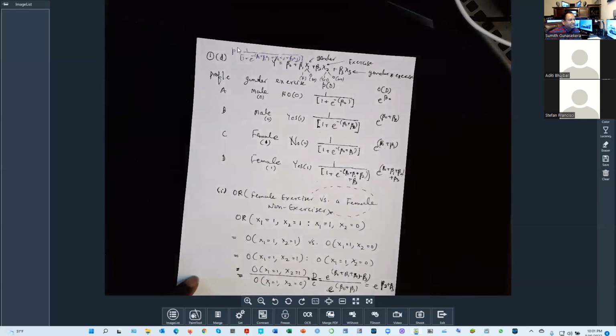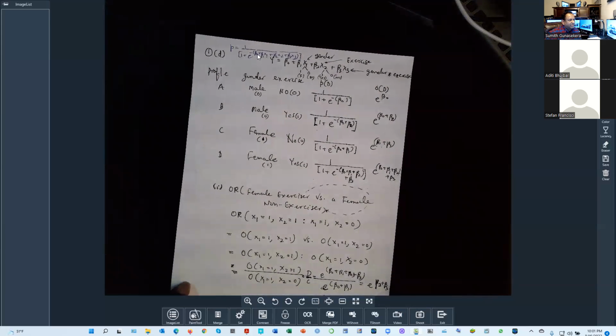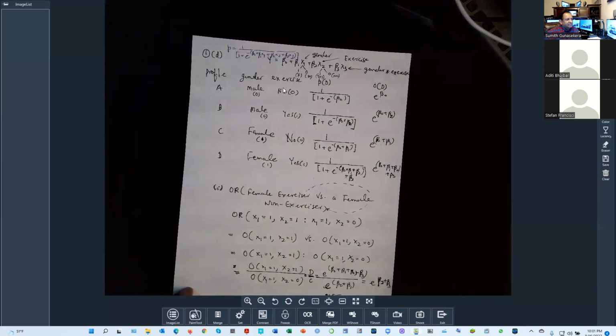I'm talking about 1 over 1 plus e to the minus beta naught plus beta 1 x1 plus beta 2 x2 plus beta 3 x3. So if it has been written that way, then we get 1 plus e to the minus beta naught. They are both 0, this 0, this one also 0. At that time, if you want, you can put x3 here.